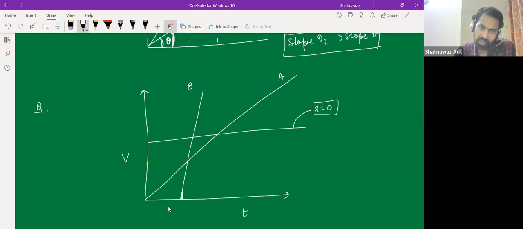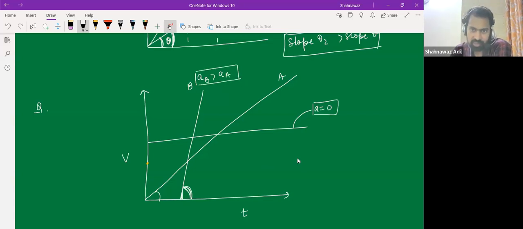A is bigger than this one. Yes. A is bigger than B. No, so B is bigger. The acceleration of B is greater than the others. So from the graph we can tell about this. Is that clear to you guys? Yes, sir.